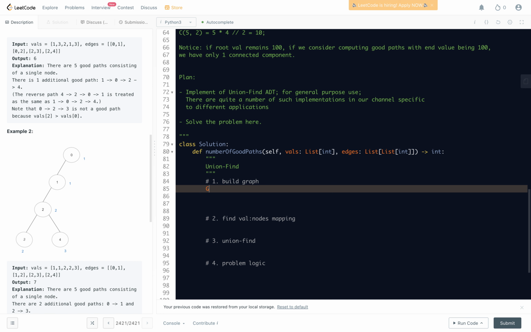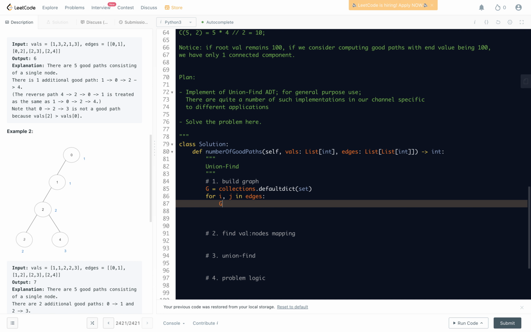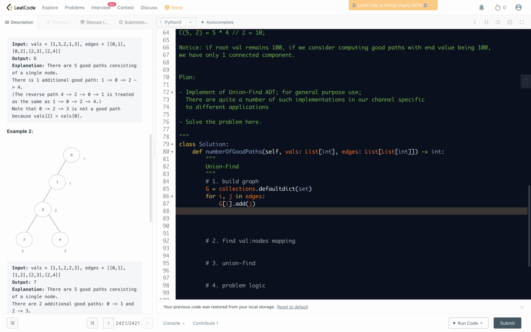If we split this whole code into pieces, the implementation becomes very easy. First, let's build the graph. I'm calling this graph G. Here I'm going to use collections default dictionary, and I'm going to choose the container as a set. Then we iterate over the edges, for i, j in edges.